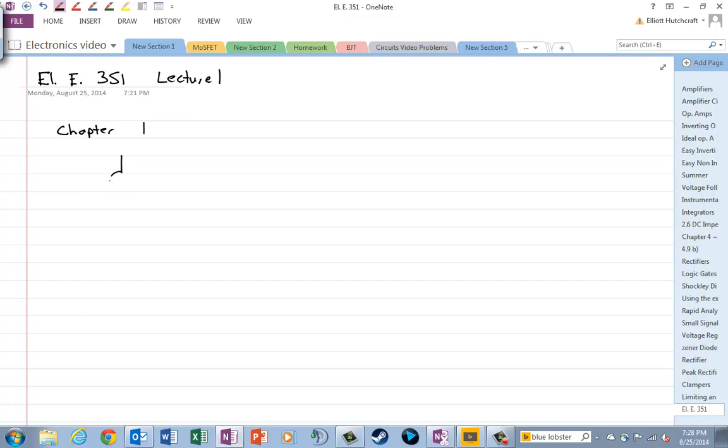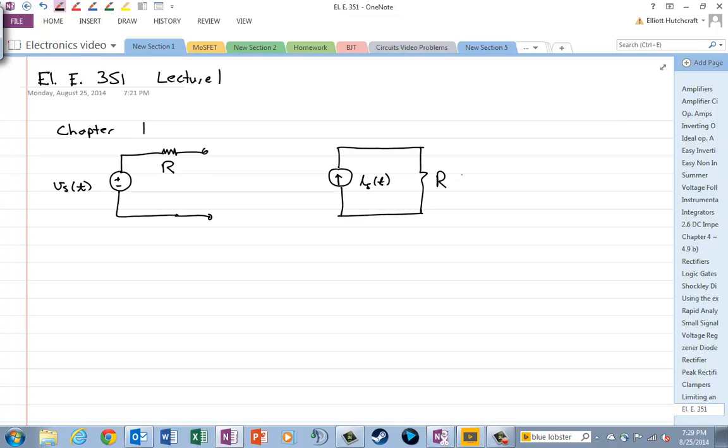What you ought to remember is you could have a Thevenin equivalent, a voltage Vs of t and a Thevenin resistance R. Or we could talk about the Norton equivalent, which had a Norton current source, Is of t, and its Norton equivalent resistance, which is also R. The two are the same.